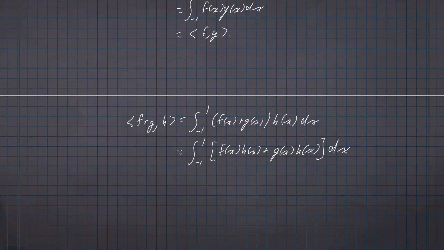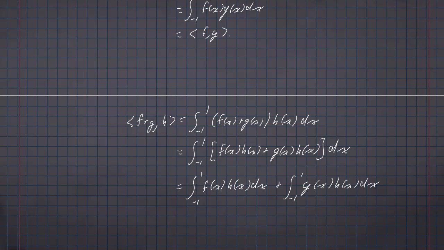So you can use the distributive property to expand that multiplication. You can use the linearity of integration to split this integral up. And then you can recognize that those are, in fact, the inner product of f with h plus the inner product of g with h.